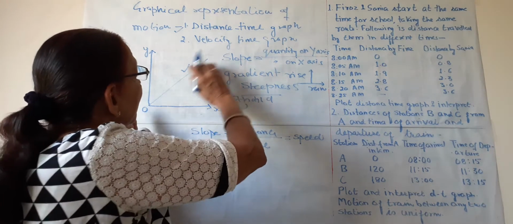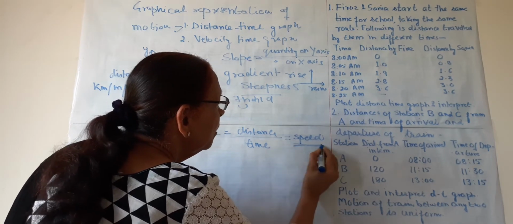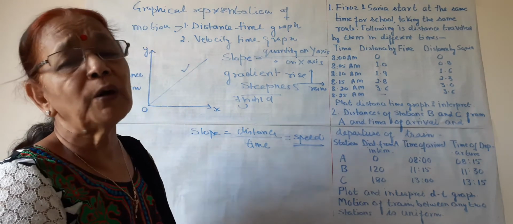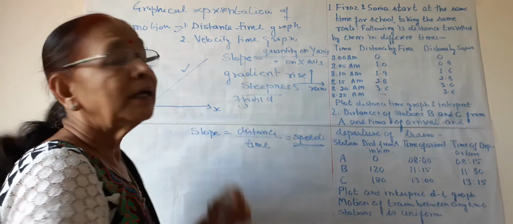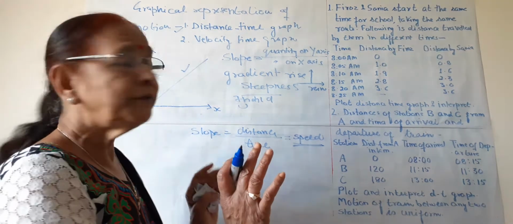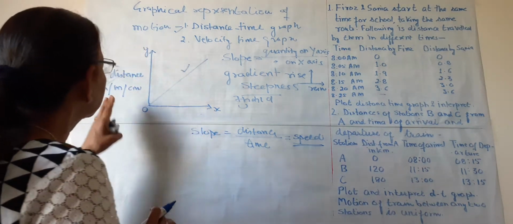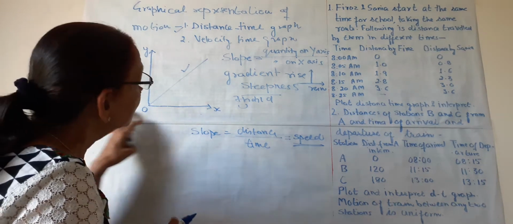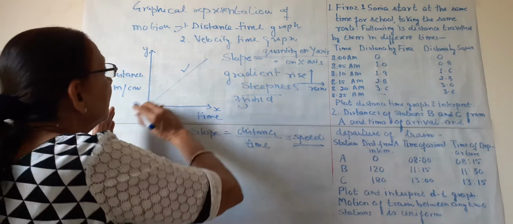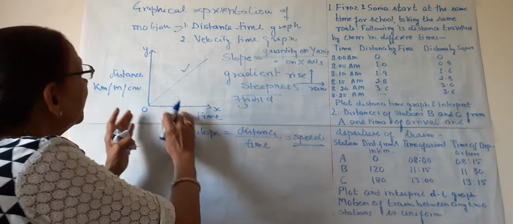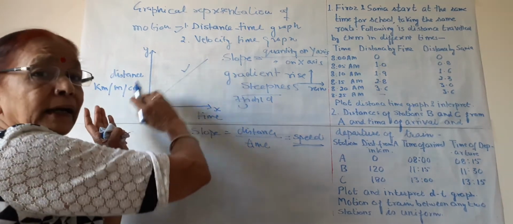So this graph line shows the speed of the object, which is moving or may not be moving, but the speed is shown by this graph line. Is it okay with all of you? That is, we have this dt graph. On the y-axis we have distance, on the x-axis we have time, and by putting different values of distance and time, we can get a graph line.